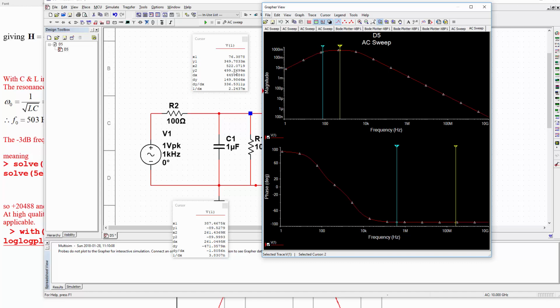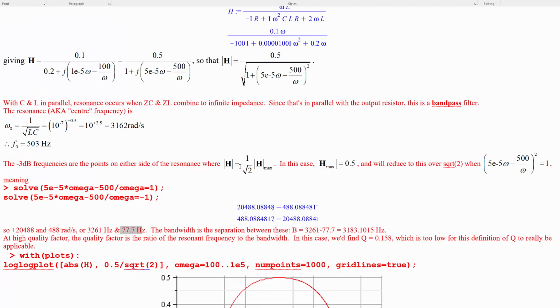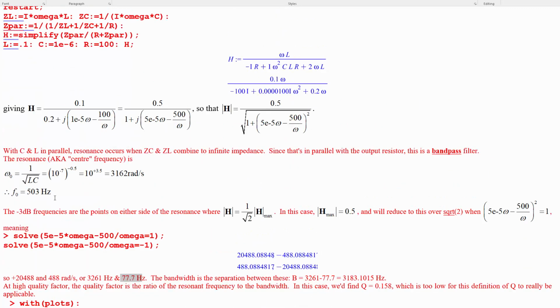So you can look at the Y value here and look for where this is 0.5 or as close to 0.5 as you can get. This time we got 522, and that is okay. It's not so great compared to the frequency we were expecting.